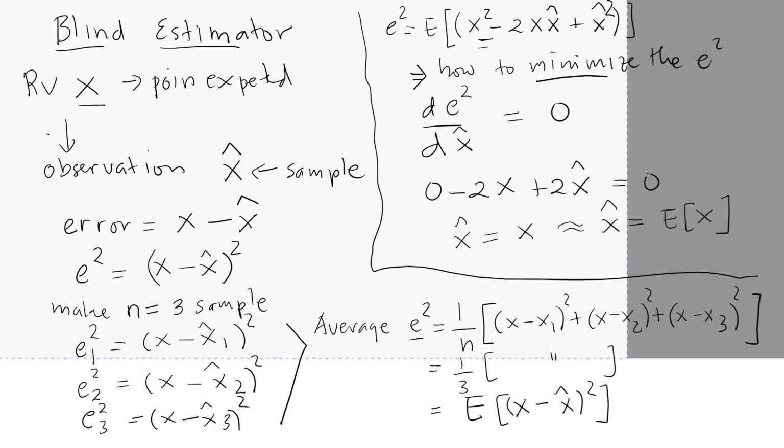What we can conclude from this, actually, is that the blind estimator suggests the best estimator without any knowledge about the random variable here is actually the average of observations.